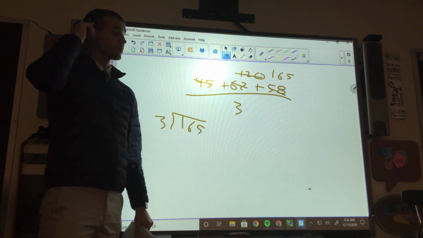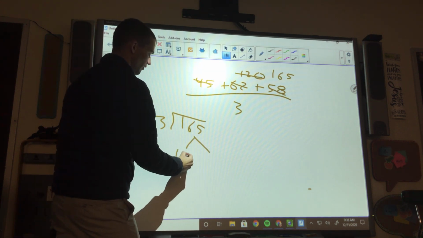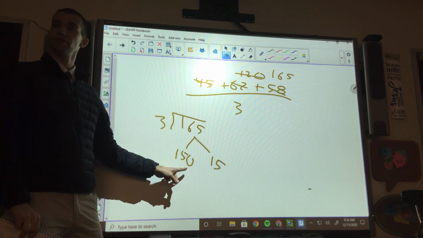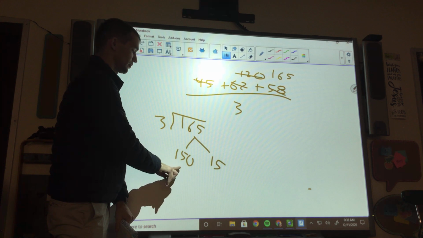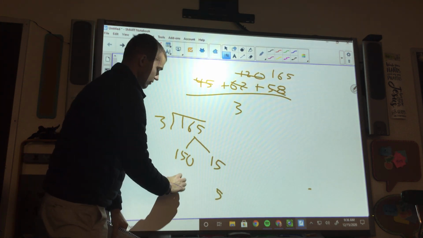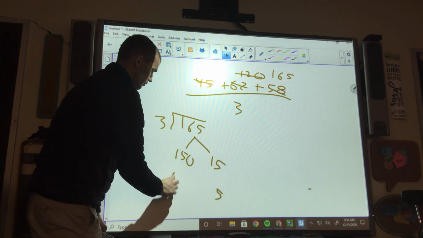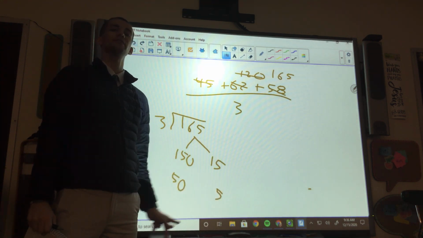I think about it this way. I split it into 150 and 15. 3 goes into 15 5 times, and 3 goes into 150 50 times. So 3 goes into 165, 50 plus 5, or 55 times.